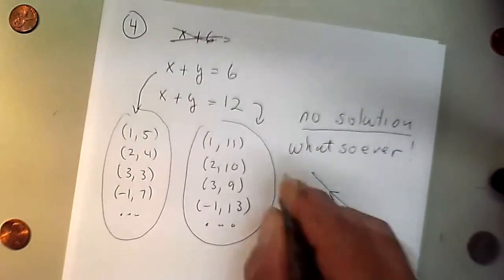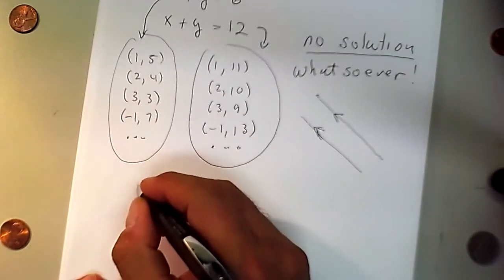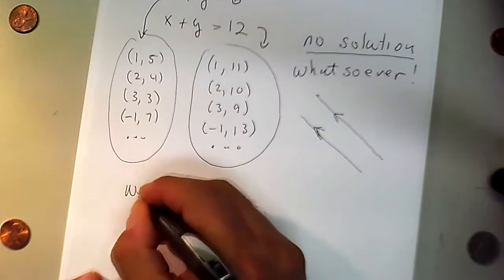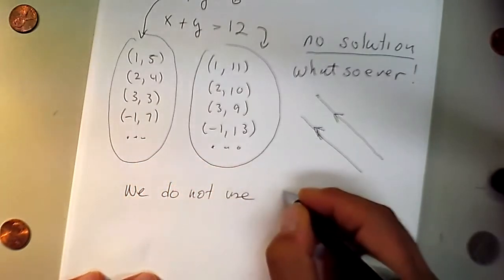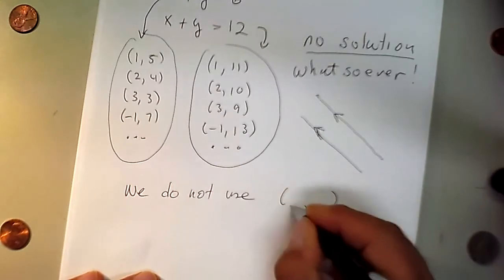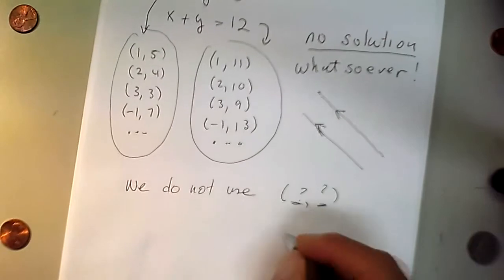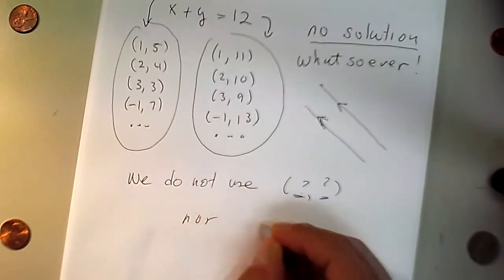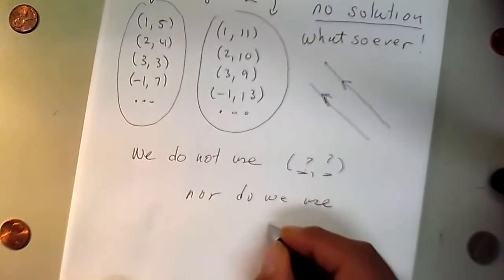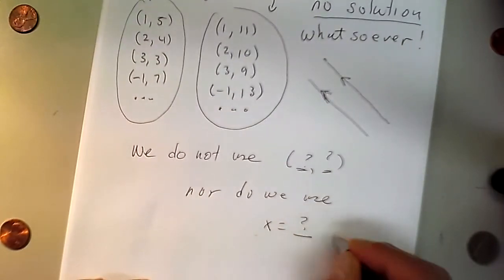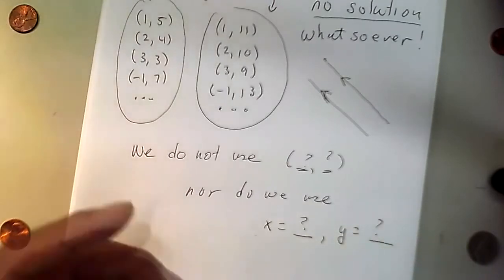So in this case, that's one of the things I wanted to drive home, is that we do not use a point. What are we going to put there? There's no intersection. Nor do we use x equals blank, y equals blank, because there's no solution.